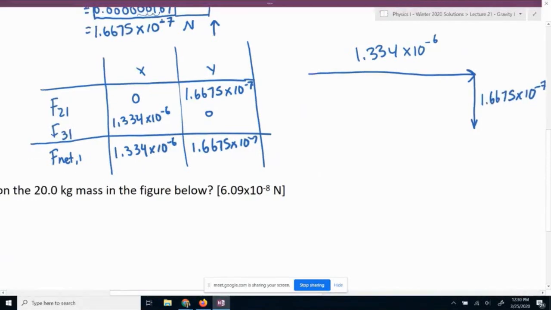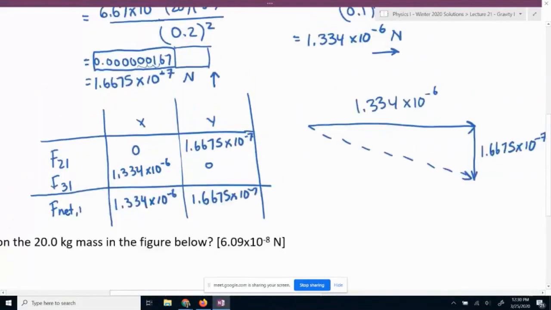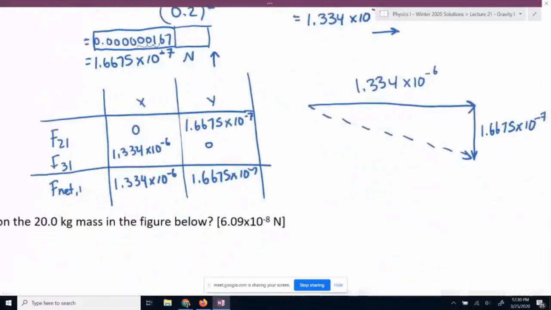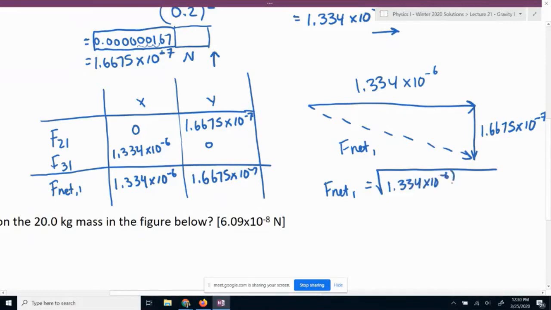Now I need to find my resultant, which is the hypotenuse, using the Pythagorean theorem. This is the F net acting on 1, and it would equal the square root of both of them added together.